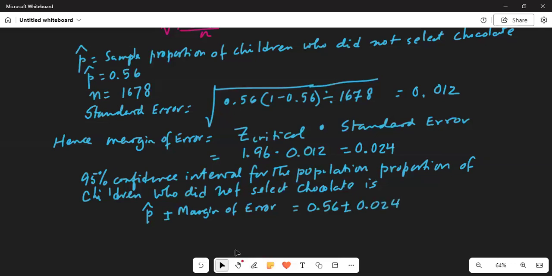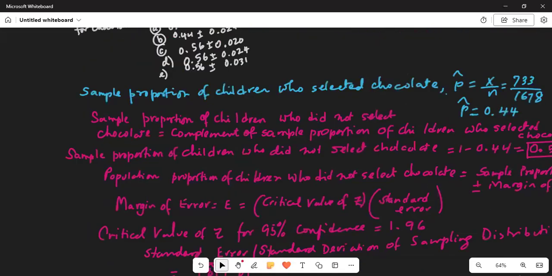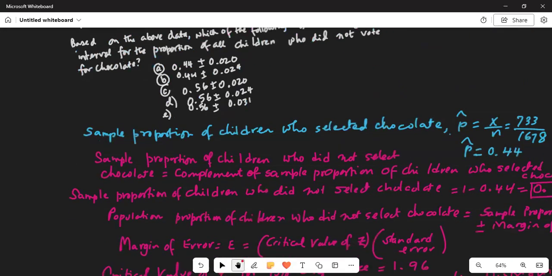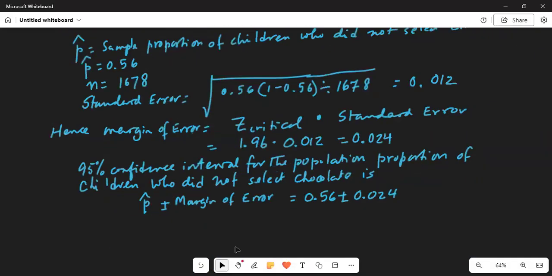Now, if we go back and look at the option choices, that is part D. So this is the correct answer.